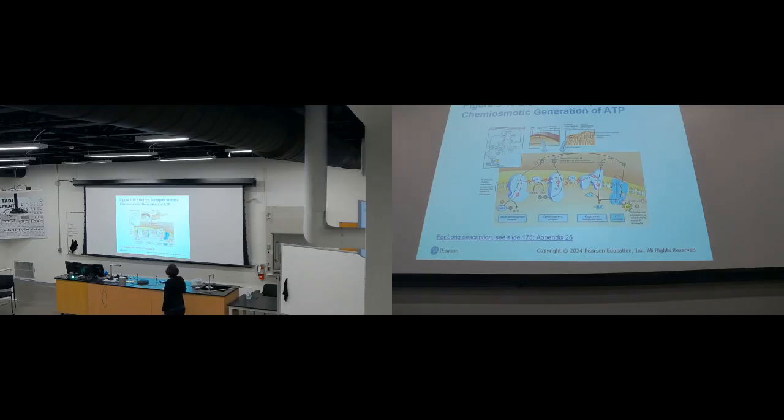And then here's the illustration of what happens either in the cytoplasm of bacteria or in the mitochondria in eukaryotes. Again, you have these carriers of electrons, which are NADH and FADH2. FADH2 specifically transfers them to Q protein, while NADH transfers them to FMN.